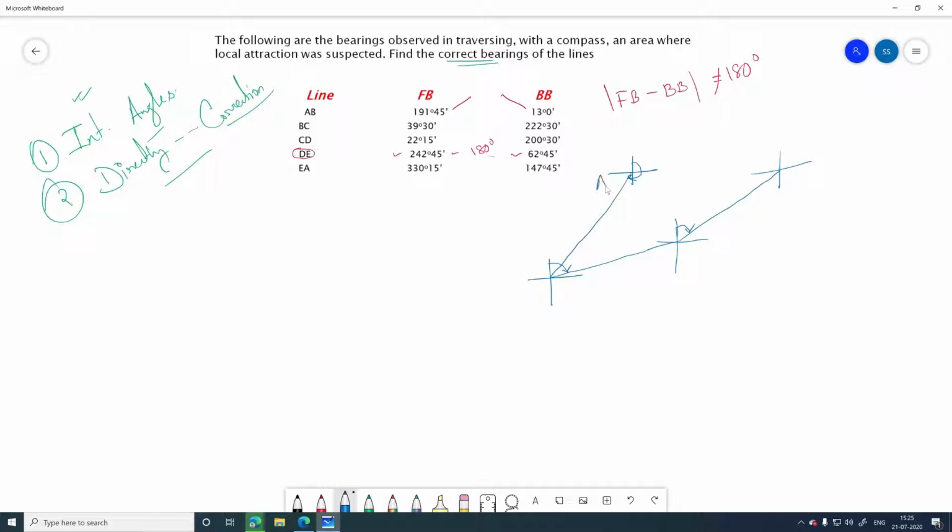I am naming the points A, B, C, D. The forward bearing of DE is 242 degrees 45 minutes, so 242 means 180 plus this. And the bearing of EA is 330 degrees 15 minutes. So our drawing is complete.